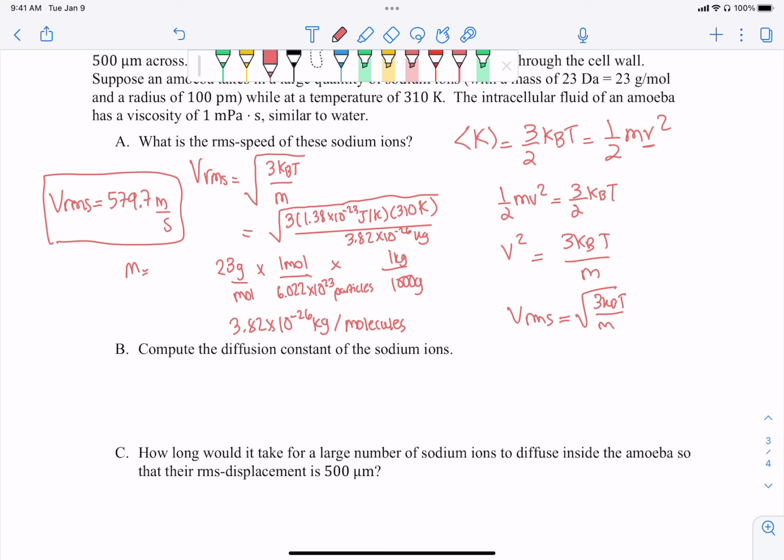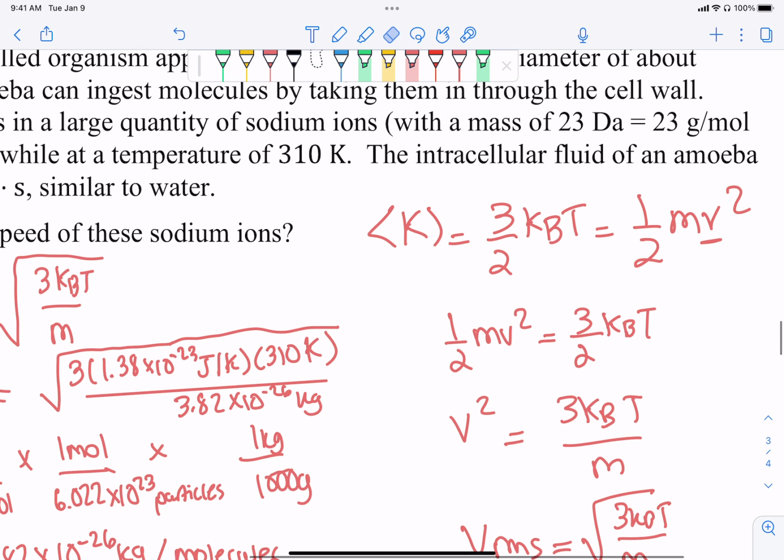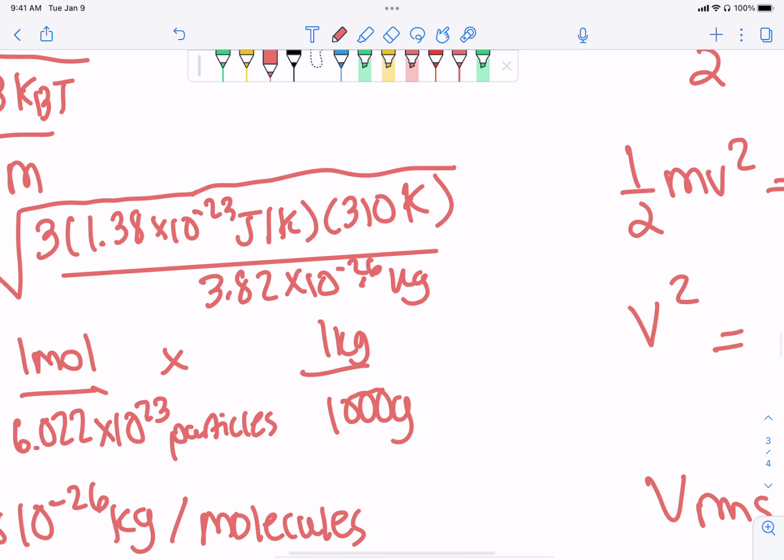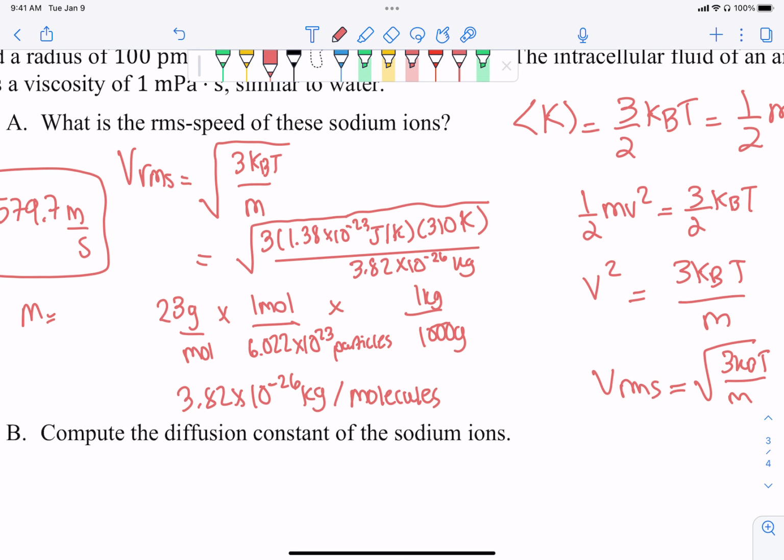I got 570. It might just depend on how you round your mass, or you might have plugged in a wrong value. Maybe I was a little unclear here, it should be negative 26. You got 570, I got 579, that'll probably be a rounding issue, or you might have plugged in something wrong.